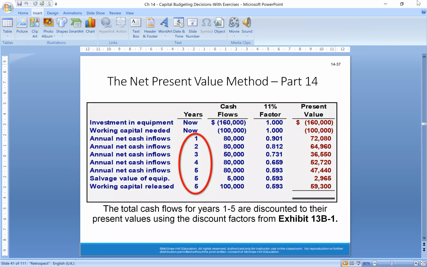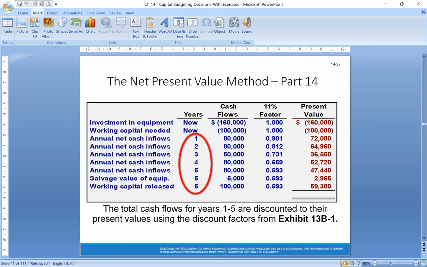Why? Instead of using table number 2, I will use table number 1 only. If we do have any changes in the cash flows, look at these annual cash inflows, it is not equal. So in year 3, I'm receiving 50 instead of 80, which means I cannot use the annuity. Annuity means the same amount to be received every year.